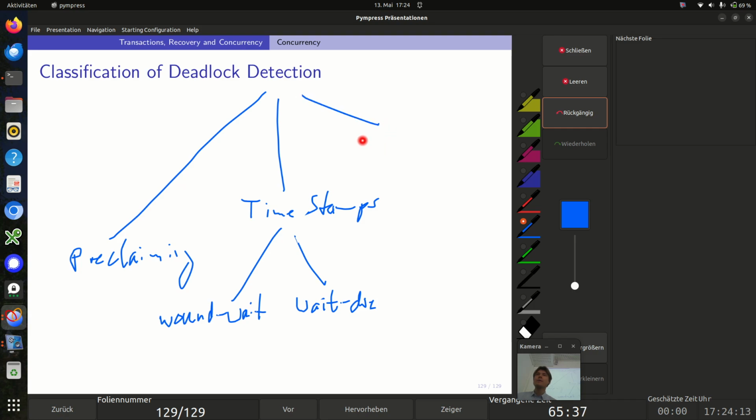Or using a wait-for graph. The left one is pre-claiming.